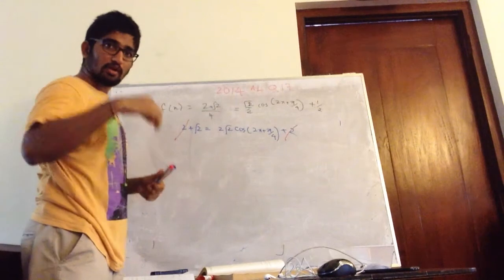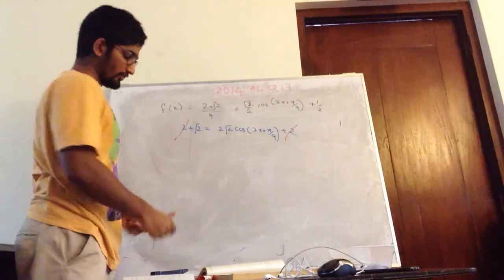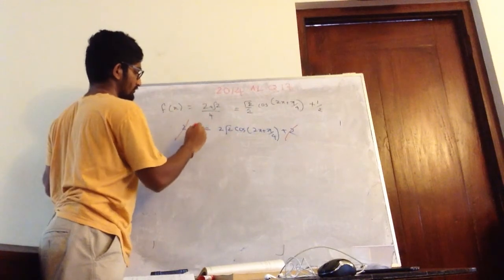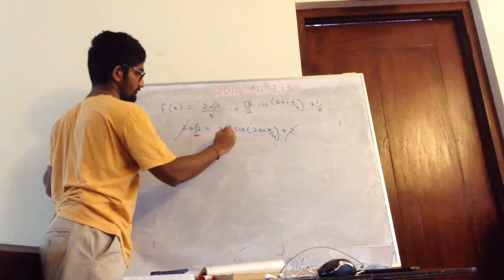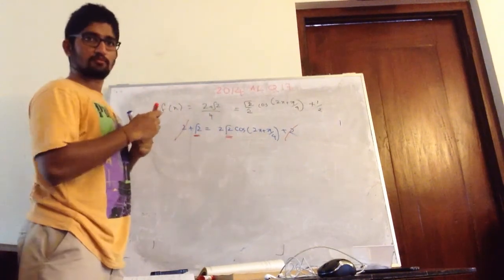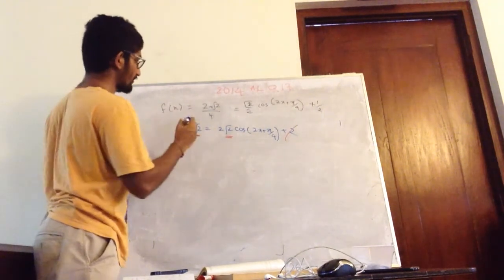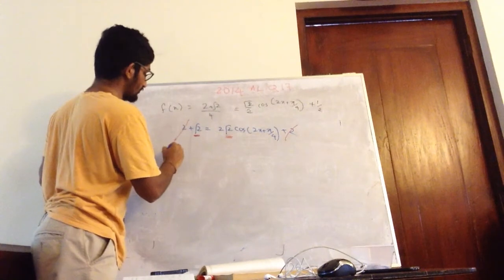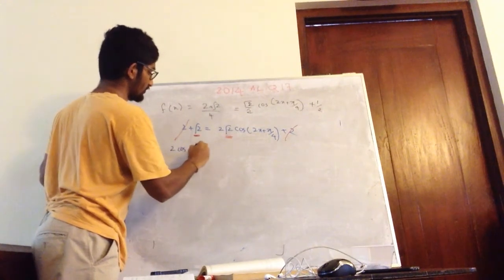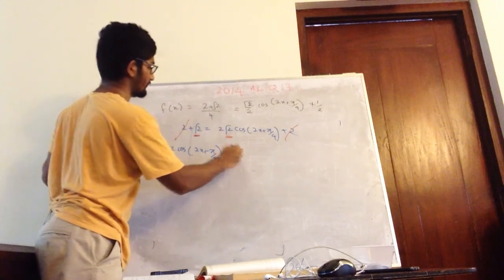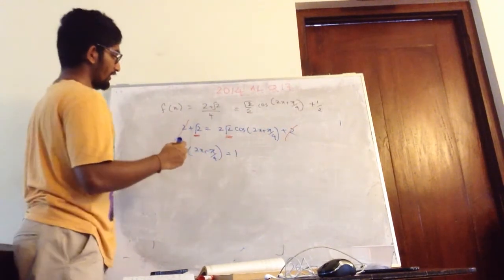Right? So after cutting that off, I can actually cut this off as well. Then I am left with what? I am left with 2 cos(2x + 5π/4) equals 1. Right?